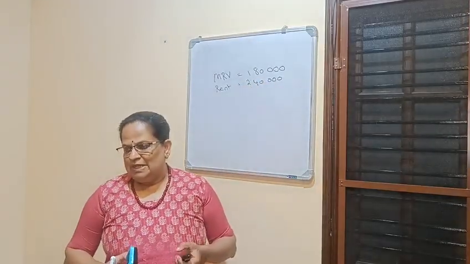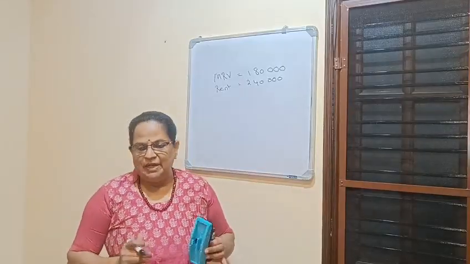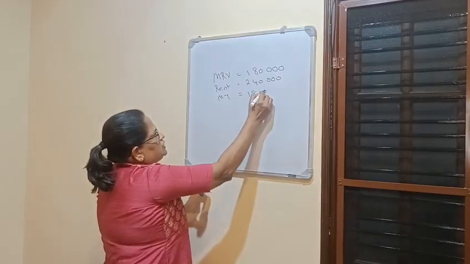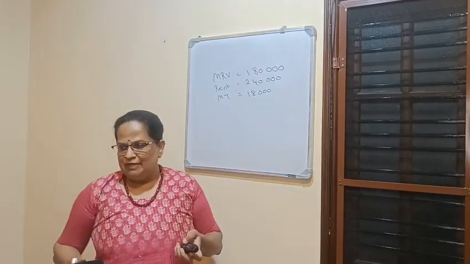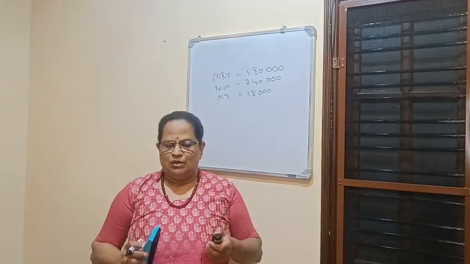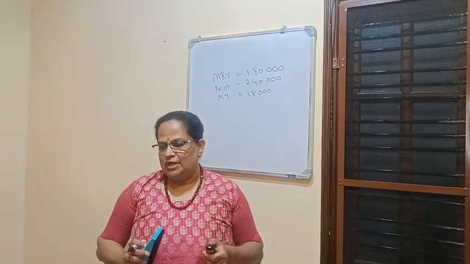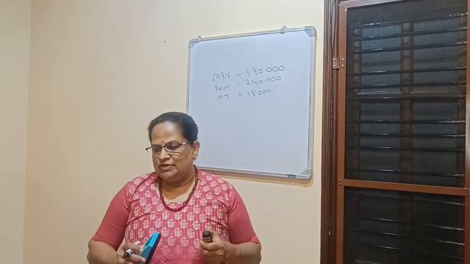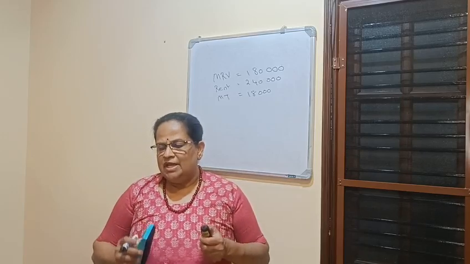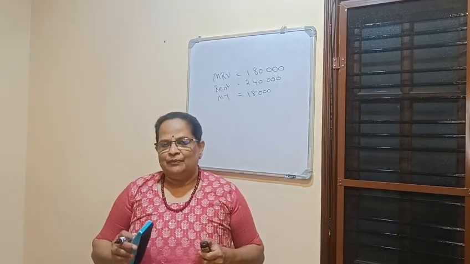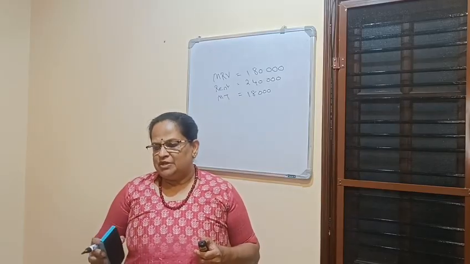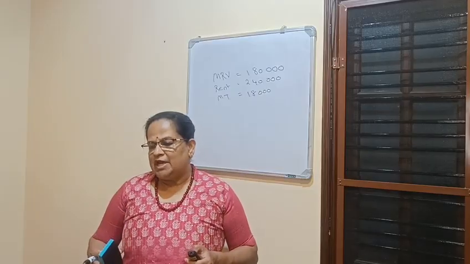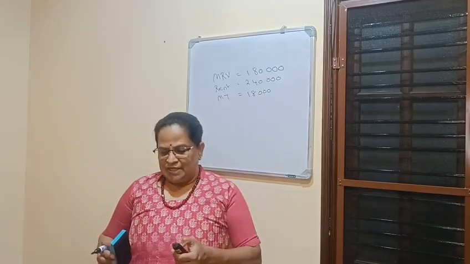Municipal taxes, 50% paid by the tenant, is equal to 18,000. In that, 50% only we will allow, because whatever is paid by the owner only we will take into account. Expenses incurred for repairs by the owner 30,000, by the tenant 30,000, collection charges 10,000. We will not take this into consideration because we are allowing 30% of net annual value as standard deduction.